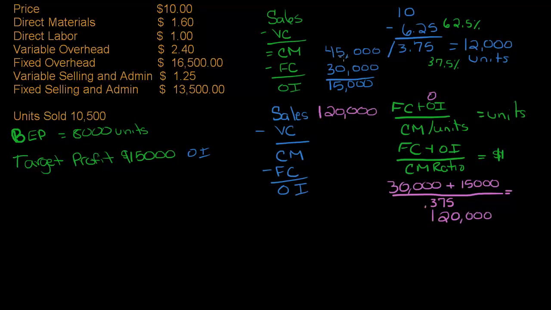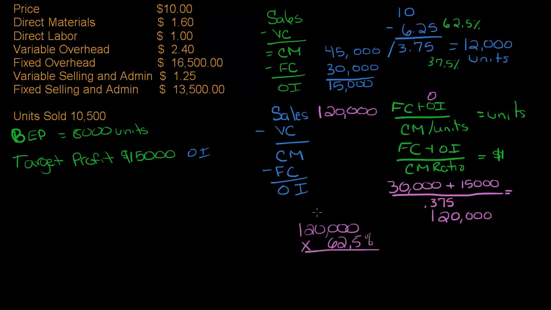Now my variable cost. Okay, so I could take 6.25 and multiply it by the number of units, and that would give me my variable cost. Let's use our ratio instead though. 120,000 times 62.5%.